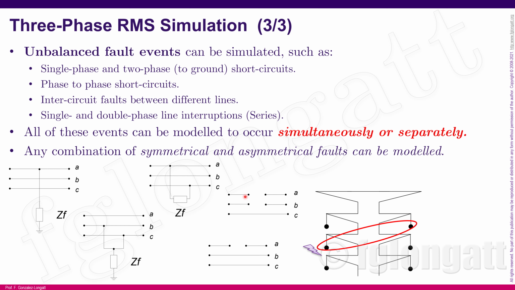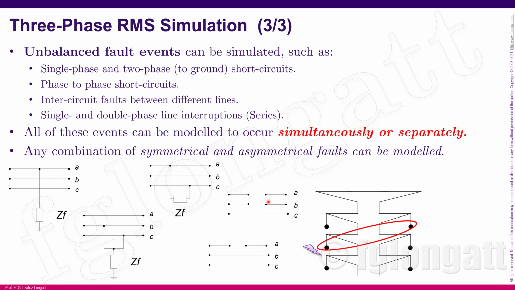One open line is probably more frequent than two lines, but both can happen. A three-phase circuit breaker that doesn't open all three poles, for instance, creates a very asymmetrical condition, okay? That happened in the past, and it is still happening.